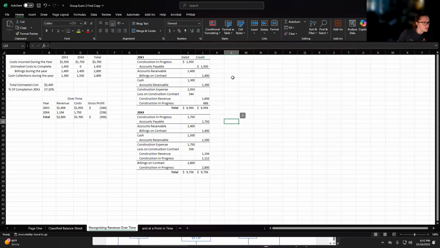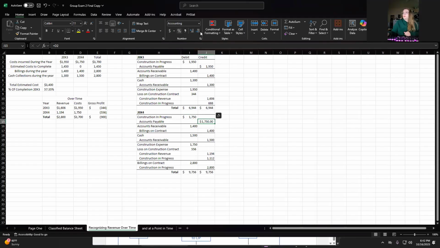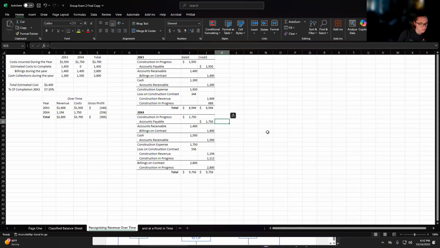Sorry, where at? The top one on 2023, construction in progress. Yeah, right there. That one has a dollar sign. Okay. Do they need dollar signs? I thought only the top. Oh, do they? Is it the totals? Or is it both? 24 doesn't have one. All right. Yeah, I would add them to 24. Good catch.